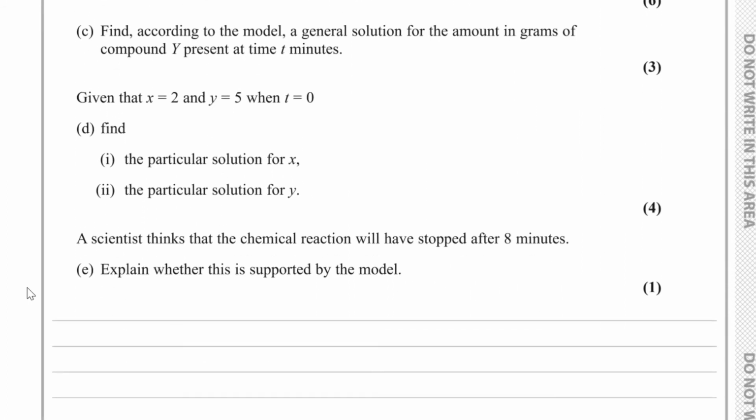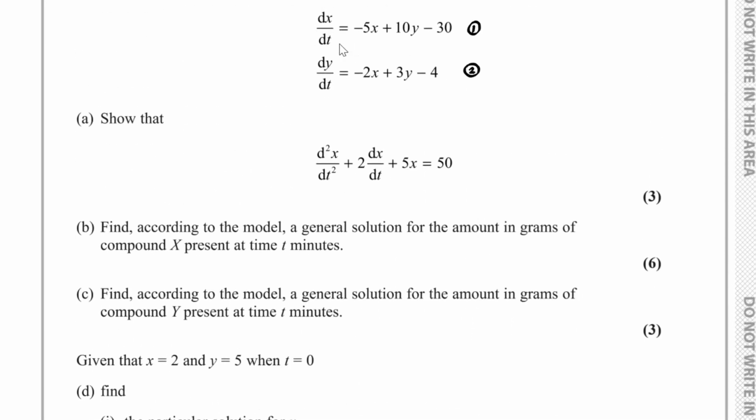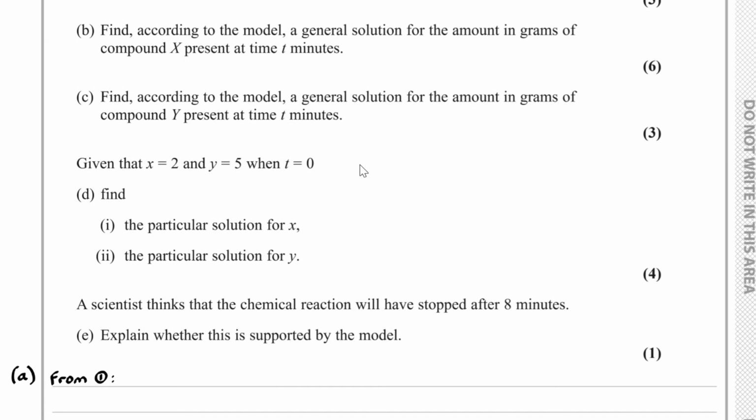So for part A, from equation 1, if we differentiate dx over dt with respect to t, we end up with d squared x over dt squared.